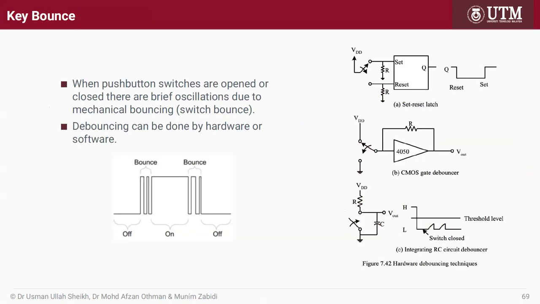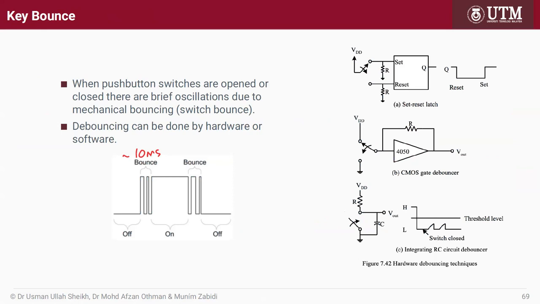Okay, so almost the last slide. If you have a push button, there is a problem of bouncing. When you press a button, there is input bounce of about maybe 10 milliseconds or so, depending on the quality of the switch.